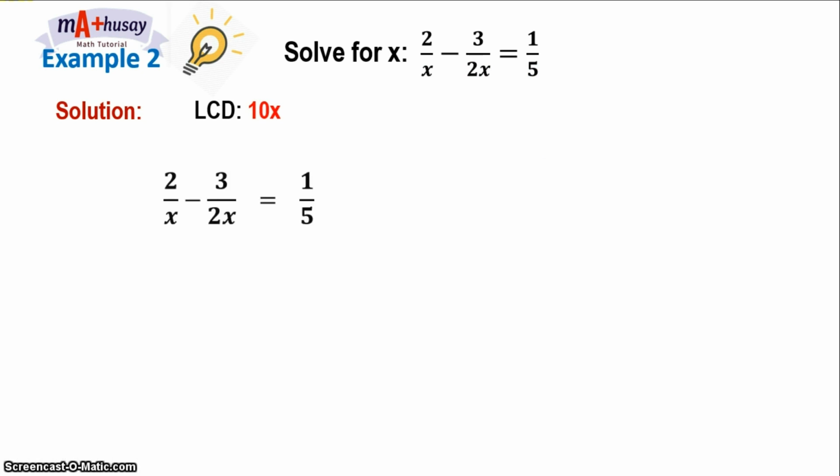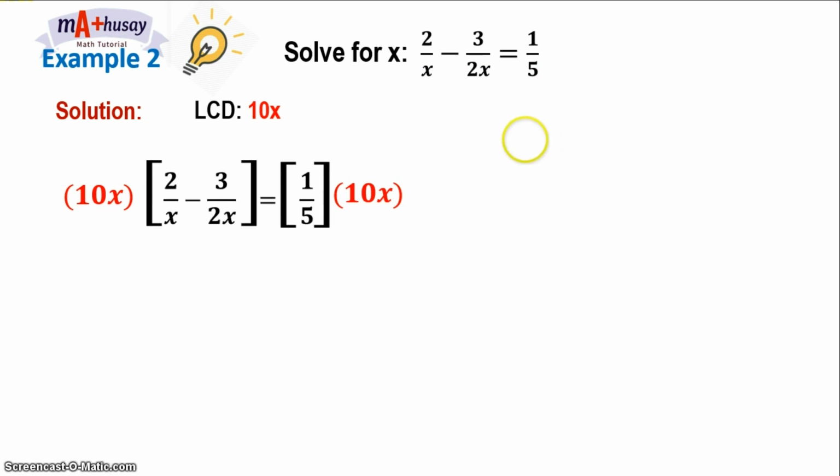This time, dahil meron na tayong LCD na 10x, imumultiply natin siya sa both sides of the rational equation. So, 10x times 2 over x. So, makakancel si x. Ang maiiwan is 10 times 2, which is 20. Now, 10x times negative 3 over 2x. So, mapapansin nyo, pwede natin i-cancel si x.